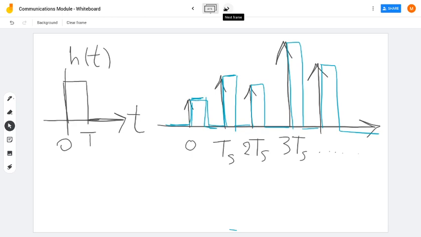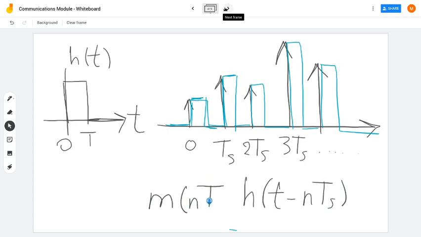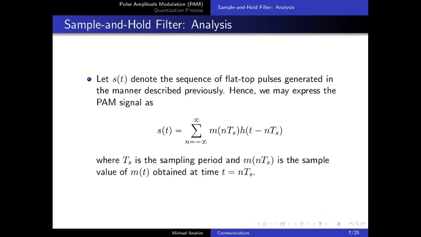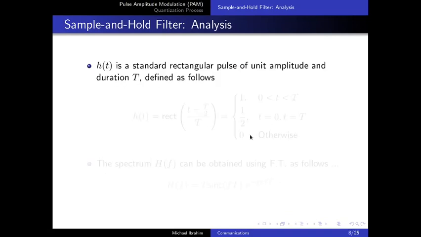We have the pulse h shifted at instant nTs and multiplied by the corresponding sample value m of nTs. And then you add all these together from minus infinity to infinity. This will give you your PAM signal s of t. This is the equation we have over here. S of t equals summation m of nTs times h of t minus nTs.